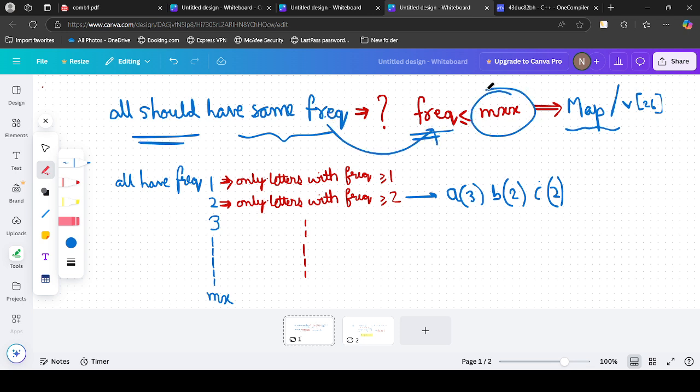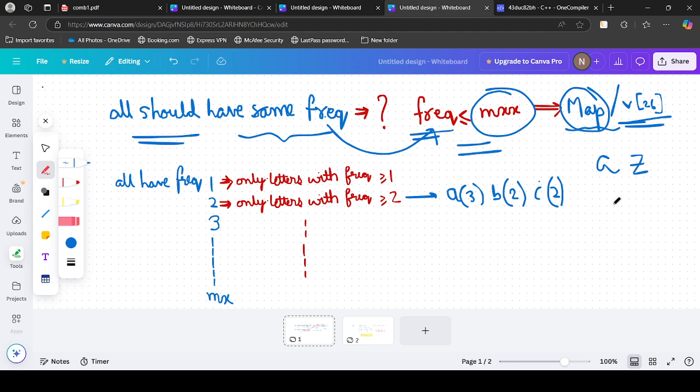As this is the maximum, no character can exceed this. So firstly we want to find the maximum frequency of all characters. We can do it by storing characters in a map, or we can store frequencies in a vector of size 26, as there are only characters from a to z.